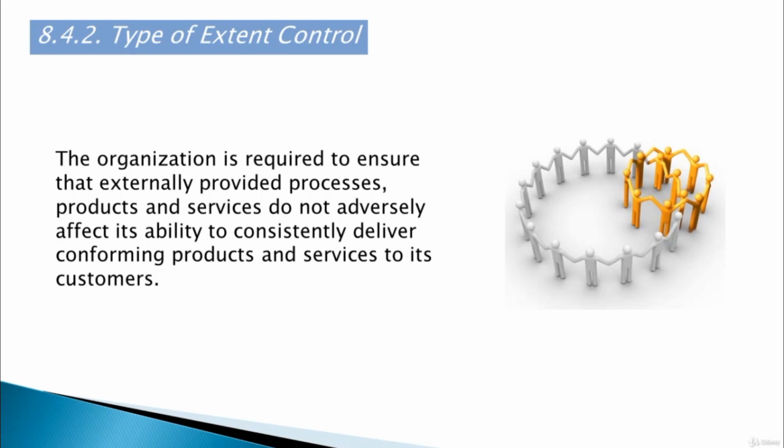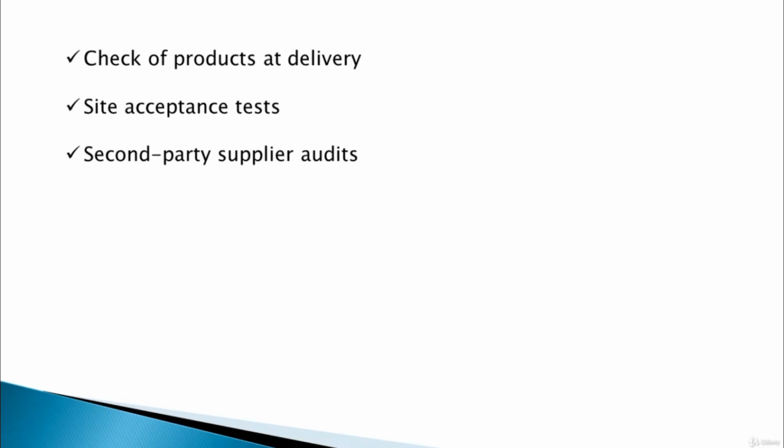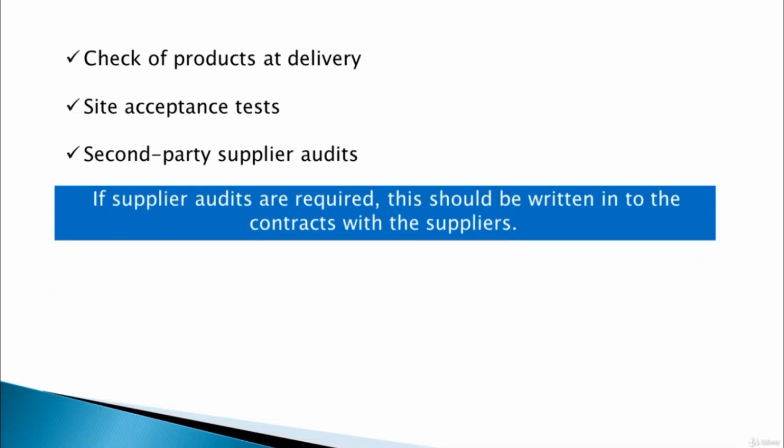So the organization needs to ensure that the supplied product or service meets the specified requirements. Now, control mechanisms could include the check of products at delivery, site acceptance tests, or second-party supplier audits. And if supplier audits are required, if maybe our organization requires the supplier for an audit, this should be written in the contract with the suppliers.